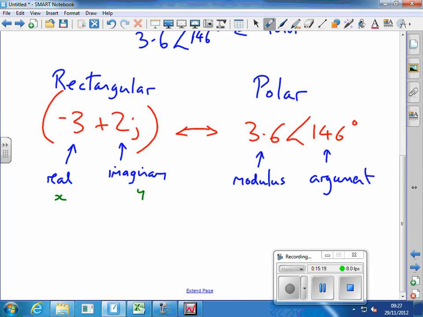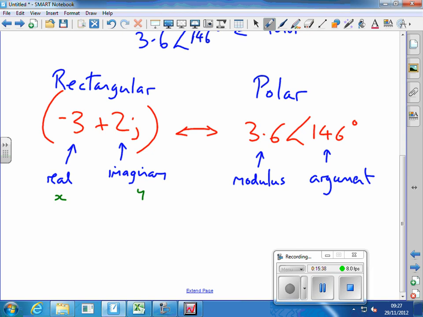The angle is often called the argument. When you talk about these things in electronics, which you will do, that would be the phase angle or the angle. So we don't use the term argument, but in mathematical terms that's called the argument.